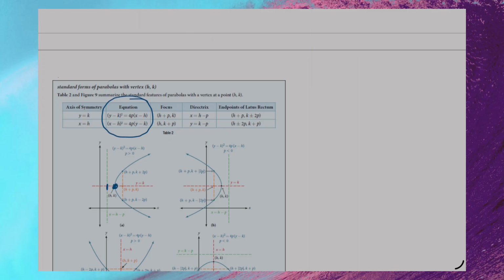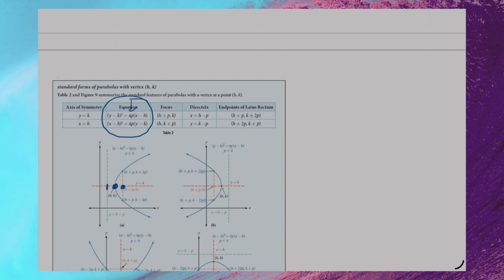The vertex to the focus point is also p units, and we can find that p from this form of the equation. There is an entire proof for why there is a 4 in this equation. That will be a separate video.